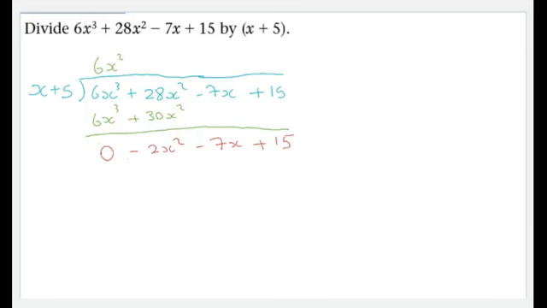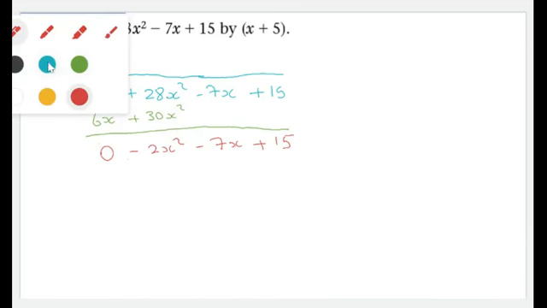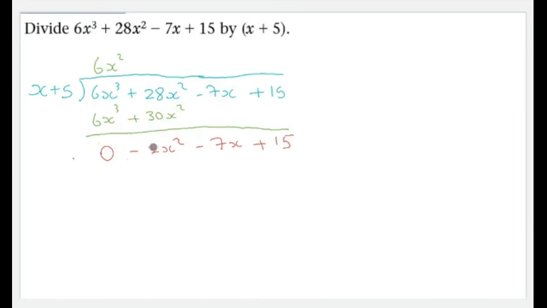Okay, and then we go again. So we have x into minus 2x squared, which is minus 2x. Indeed, minus 2x. Minus 2x multiplied by x is minus 2x squared. Minus 2x multiplied by plus 5 is going to be minus 10x.